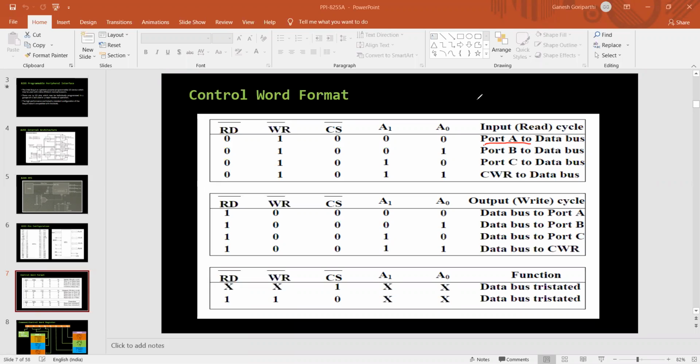That means we perform the read operation, as RD bar is equal to 0.